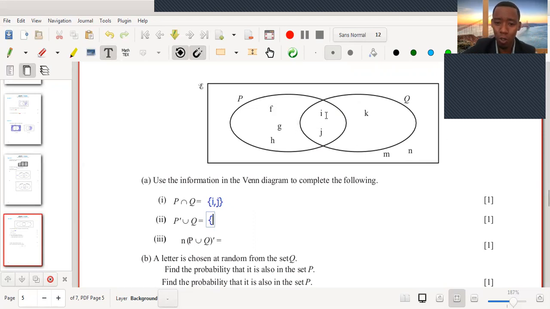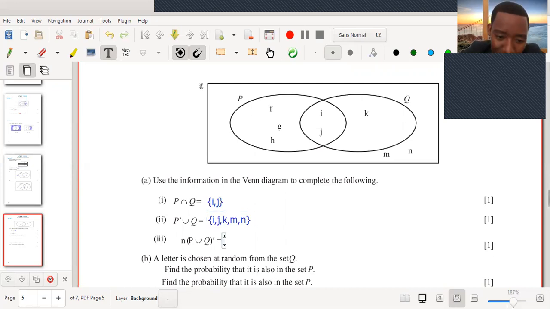So that means I will also add I and J. So I will take I, J, K, M, and N. Yeah, that's it. So this is P complement union Q.